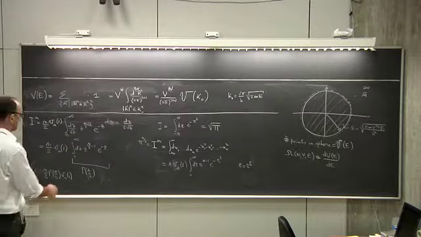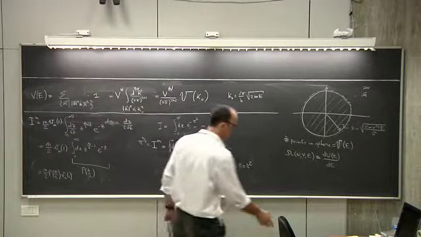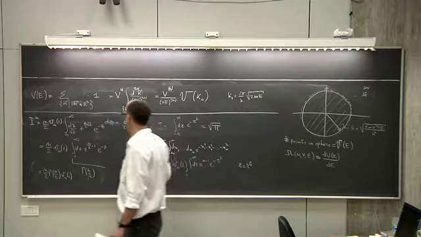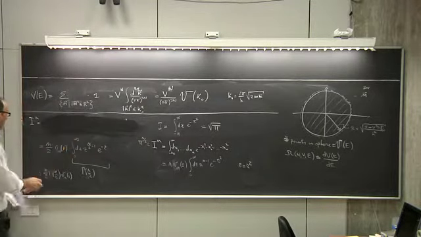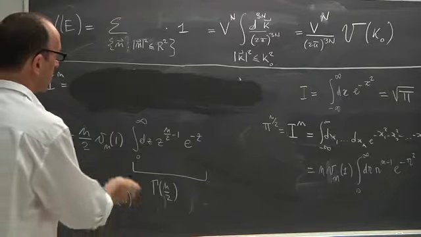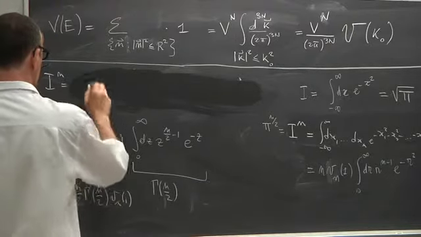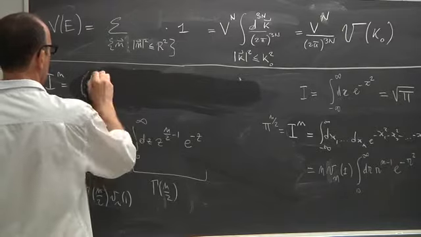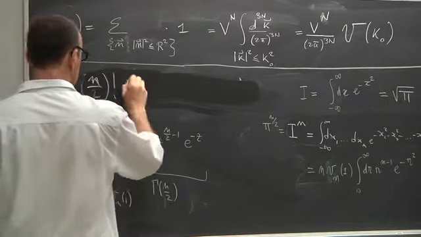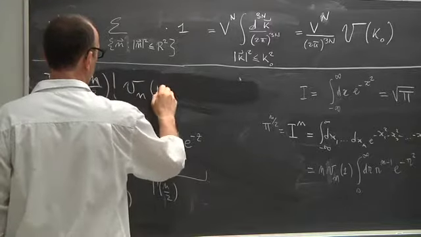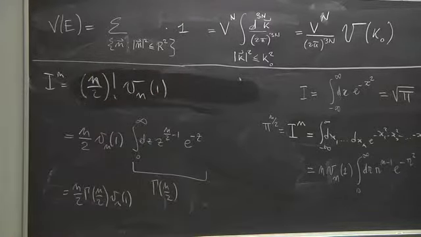Okay? So the result is that this integral to the power n is n over 2 factorial times the volume of the unit sphere.